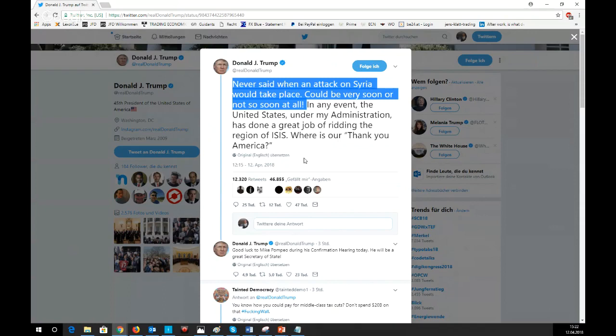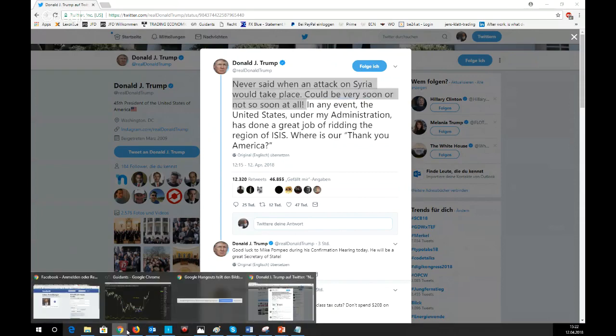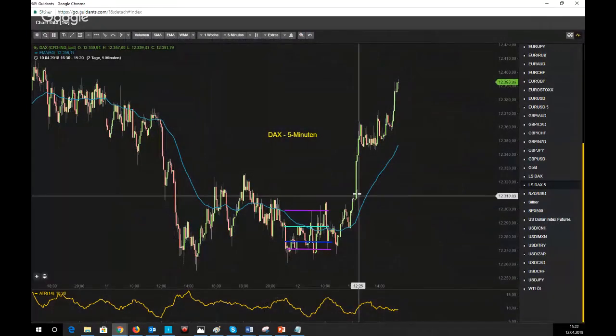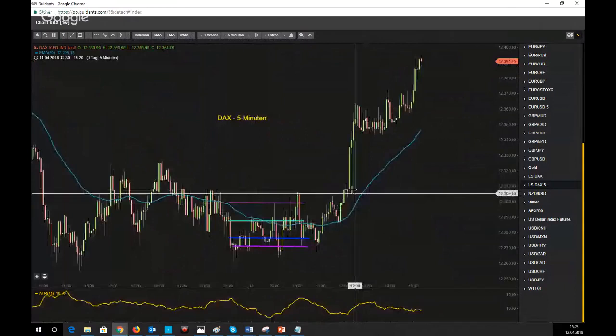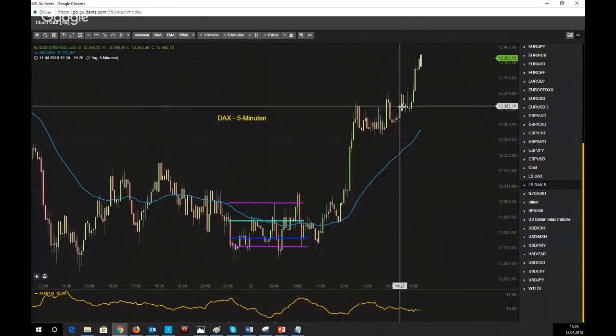And this was said, as you can see here, at 12:15. That was German time, by the way, and this is also German time here. So what you can clearly see is the bullish push. The market sees some de-escalation signs from Trump, and this is the reason for this current run.